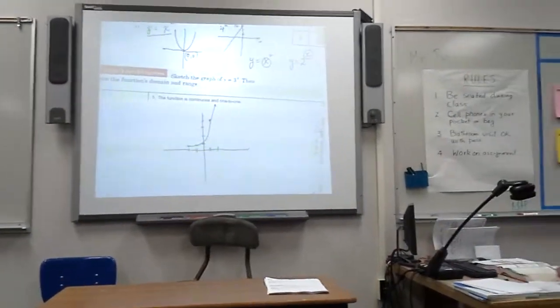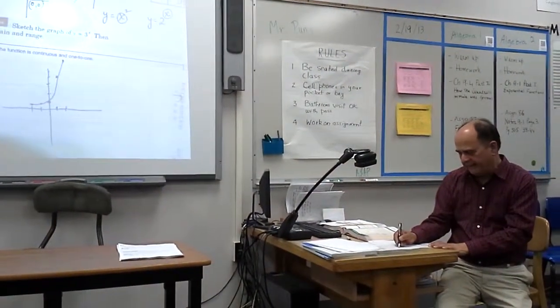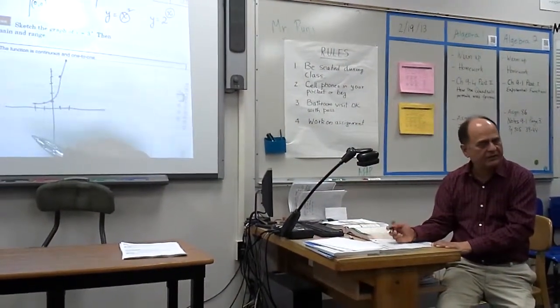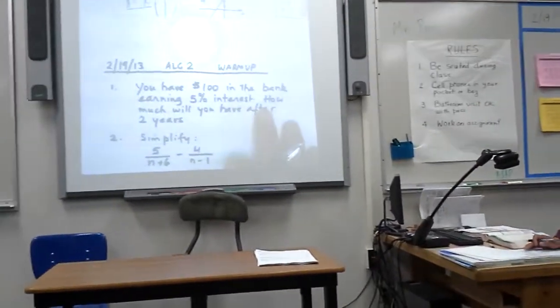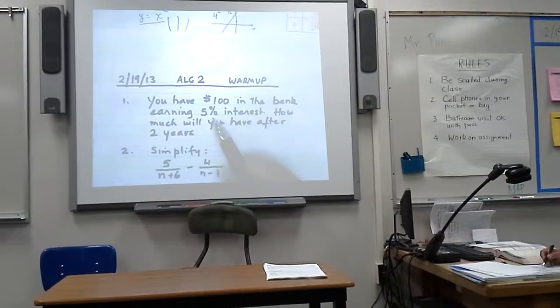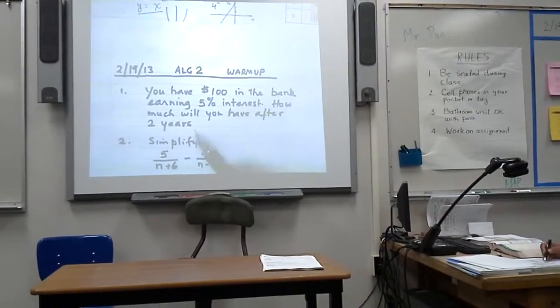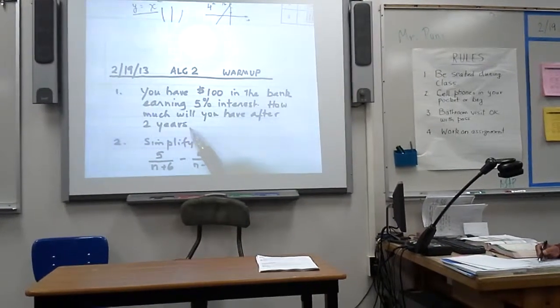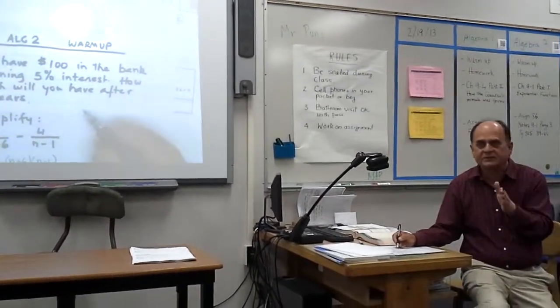Now let's take for example, remember in the warm-up I gave you a question on if you had $100 in the bank at an interest rate of 5%, what would be the value in your account after 2 years? So how did you solve that problem? Simple mathematics.